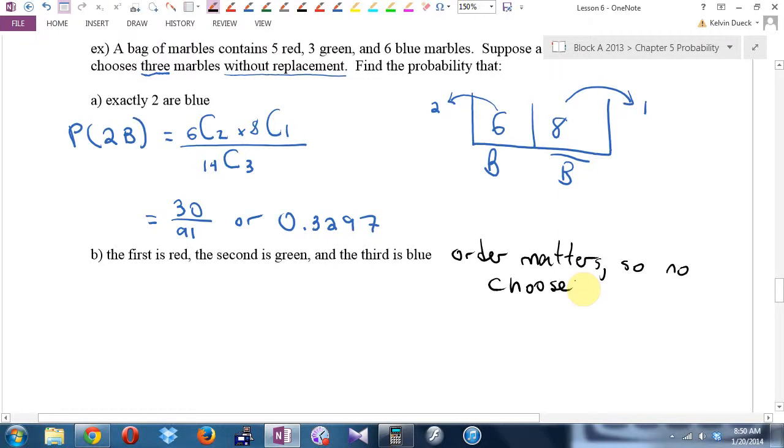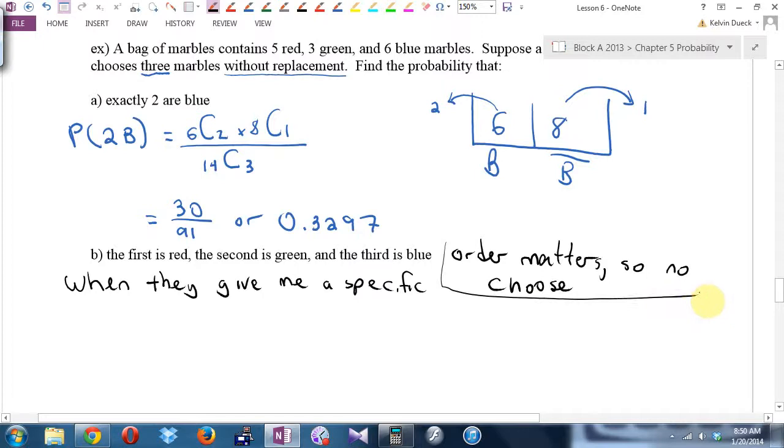If they give me the order, even though there's 3 marbles, when they give me a specific order, I can visualize one tree branch.